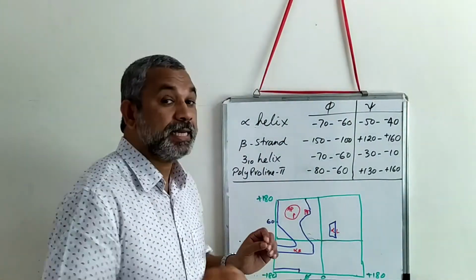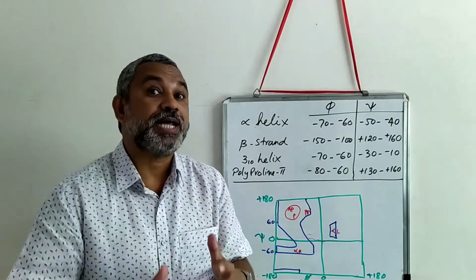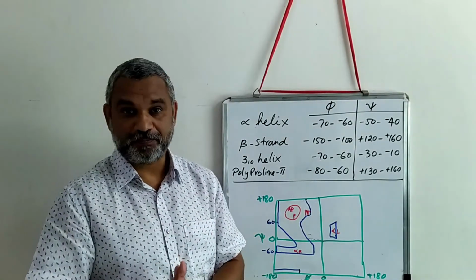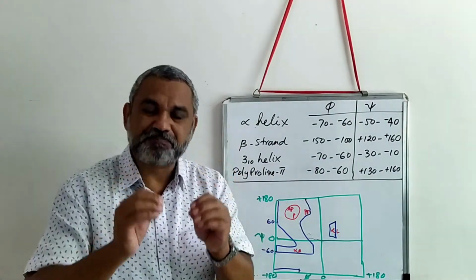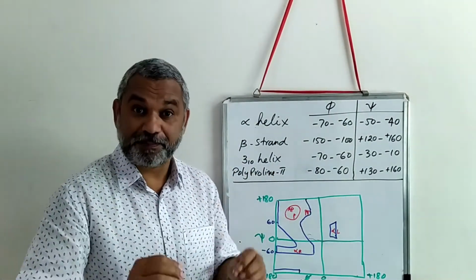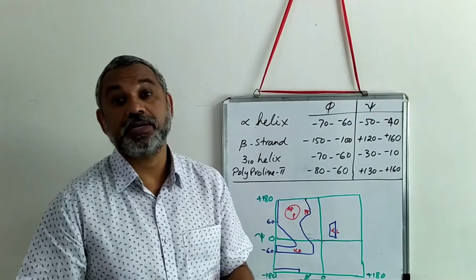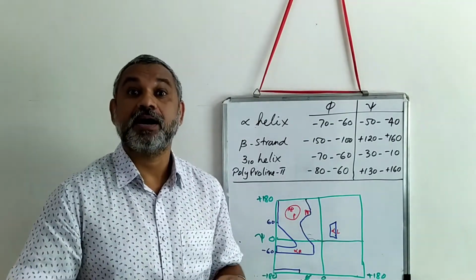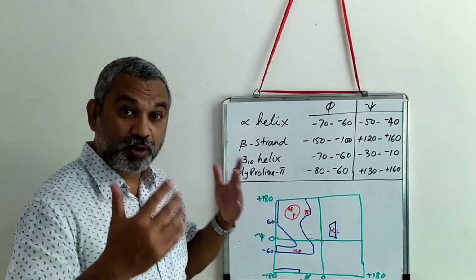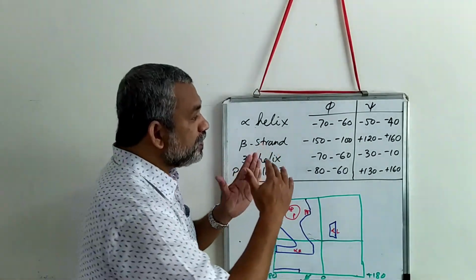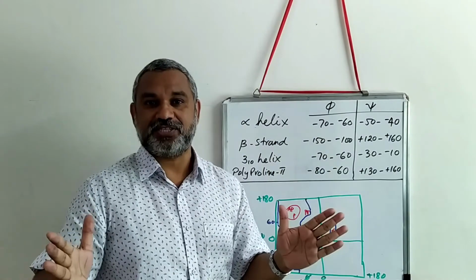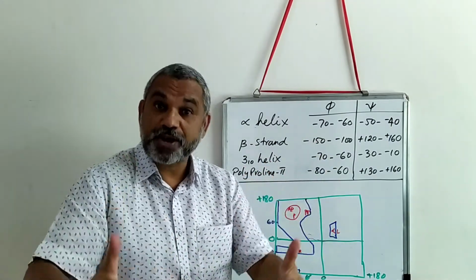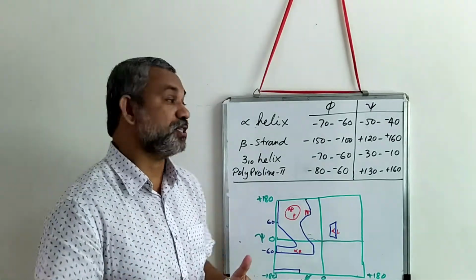Let us look at the allowed angles in the Ramachandran plot. This is a very cryptic table, based on an article in Protein Science published by Hollingsworth et al. It gives you a range. This is the kind of data used in modern day to prepare the Ramachandran plot.